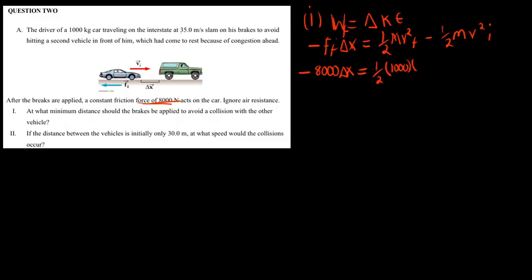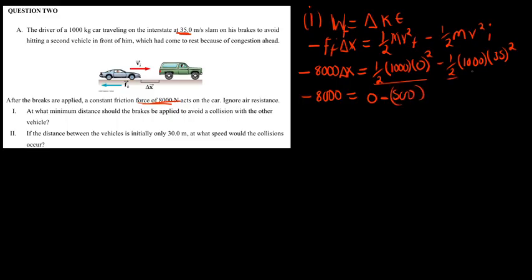Because we're still moving, so that will be just 0 squared. Then one half times the mass, 1000, and the initial velocity is 35 squared. So this means I have 8,000 d equal to 0 minus, then I'll say 500, because I divide 2 into that. So it will be 500 there, right?